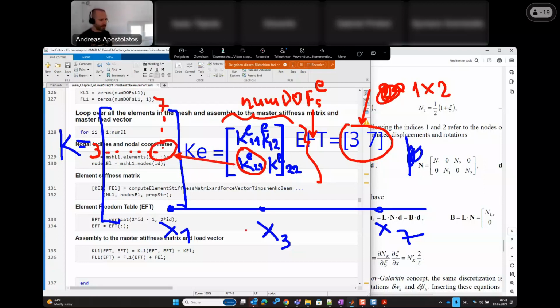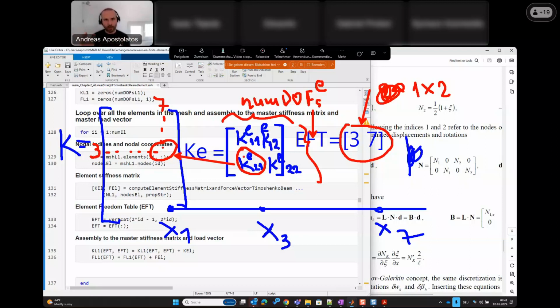And this is exactly what Alexis said in the chat. It really tells us which nodes in the global, not the global, because global might sound confusing, in the master stiffness matrix, in the whole system, are being affected by this particular element, right? We have 2 different numberings, actually. It's really an artificial thing here. We have numberings for the local element, which is like 1, 2, 3, 4, whatever, as you see here.